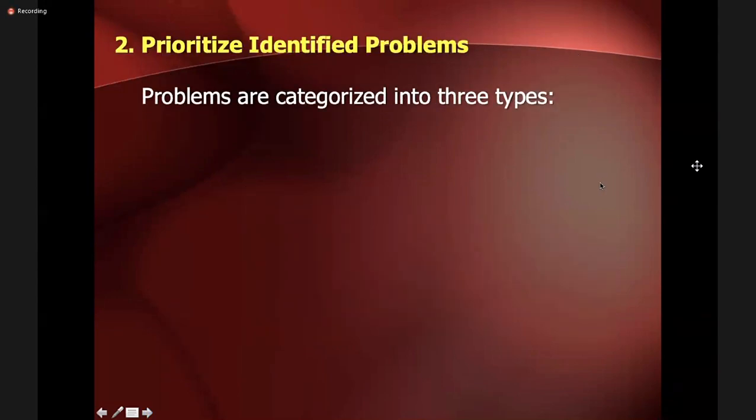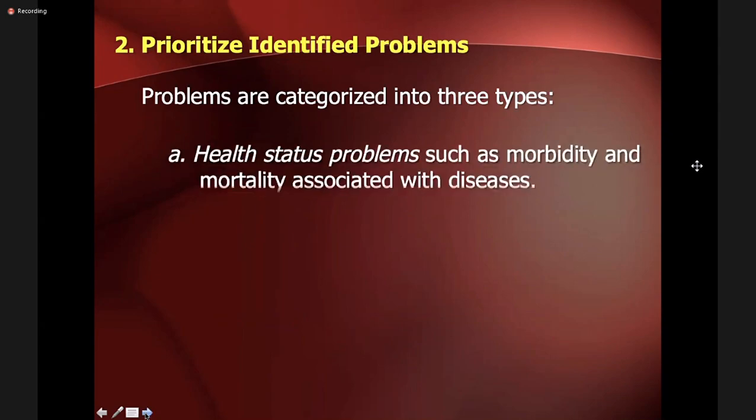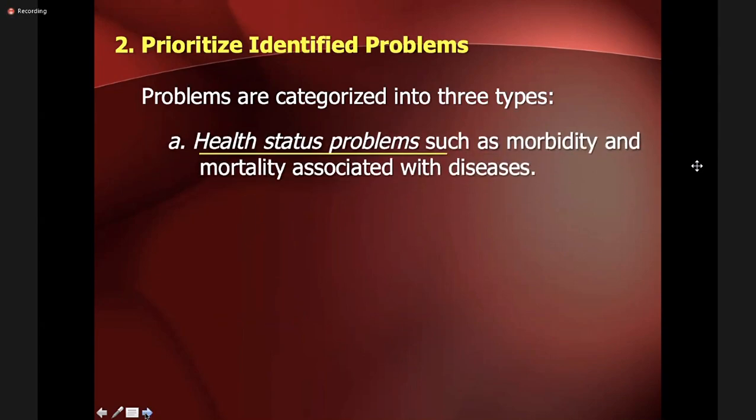So, in problem prioritization, problems are categorized into 3 types. Health status: a health status problem is morbidity and mortality associated with diseases, like dengue, COVID-19, TB.